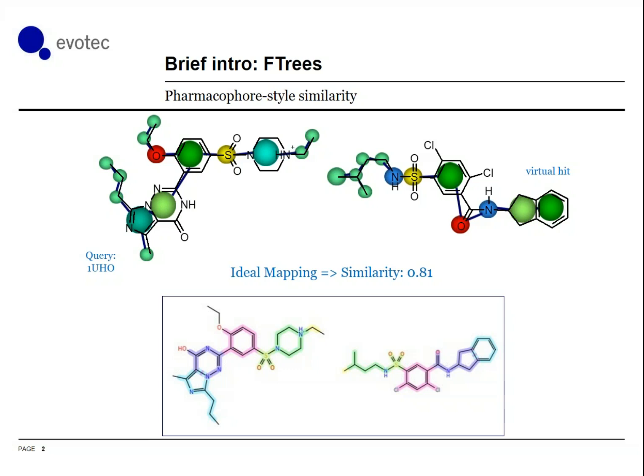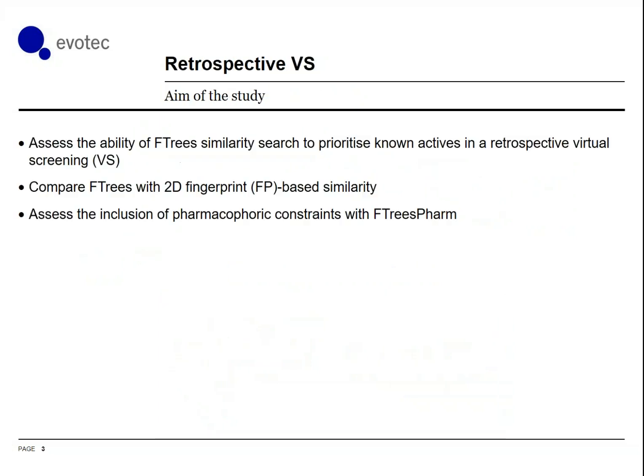For example, these light green structures mapped onto each other indicate that feature tree found it most similar in the mapping to map this ring to an open chain portion on the other molecule. It highlights one of the key characteristics of feature trees, which is its scaffold hopping capability. And with that, I stop and hand over to Andrew again.